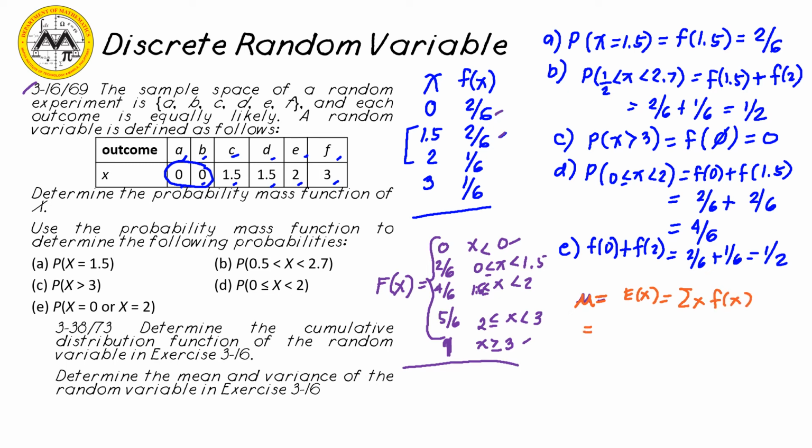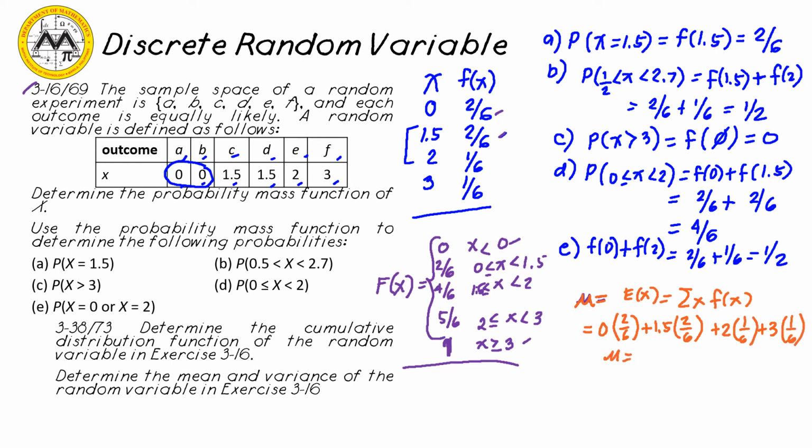So for every value of x, 0 plus 1.5 plus 2 plus 3, we are going to multiply their probabilities: 2 over 6, 2 over 6, 1 over 6, 1 over 6.